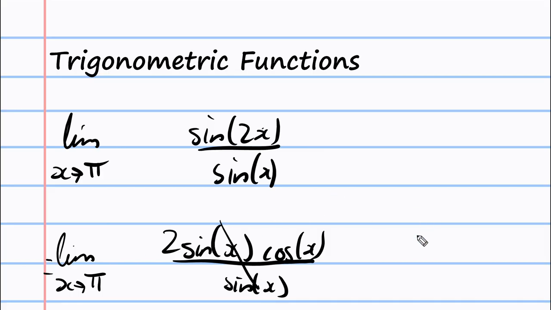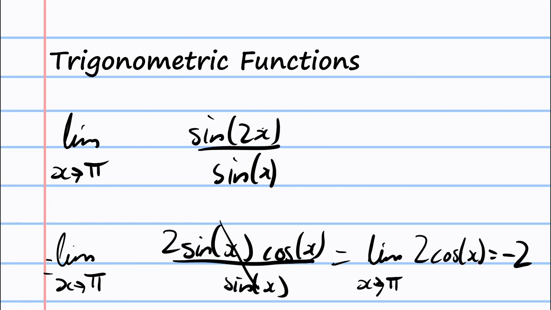Now, this is easy because you can just cancel out sine of x from both sides, and then you just get the limit as x approaches pi of 2 cosine x, which equals negative 2, okay?